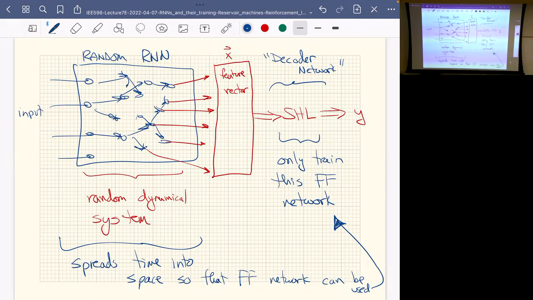I saw there was a question online from a bit ago. The question is, do we look at one frame of the spatiotemporal data or a window of the spatiotemporal pattern? The answer is things aren't cut up into frames in reservoir machines. The idea here is that we don't know the decay, the time constant of this system. With these random connections, you could hit the input with a spike and this thing could ring for a huge amount of time.